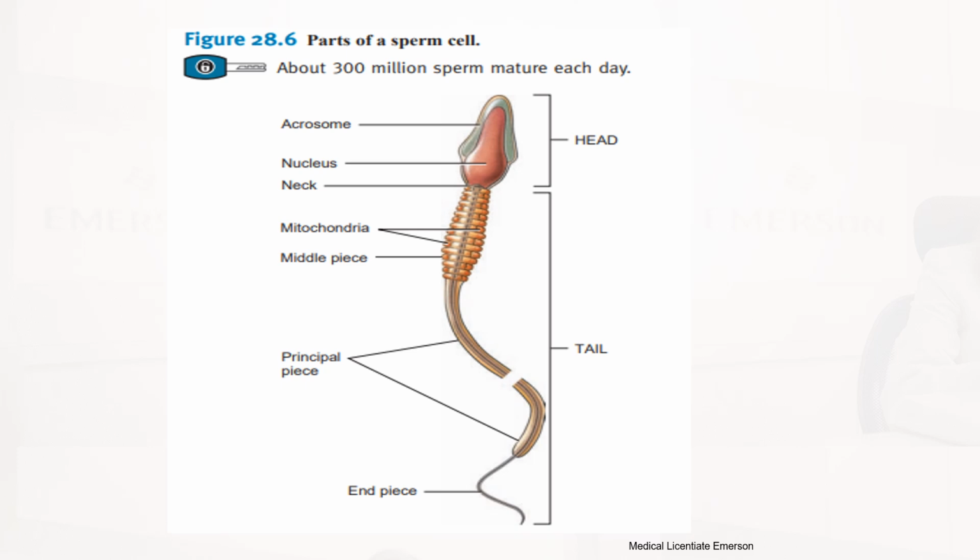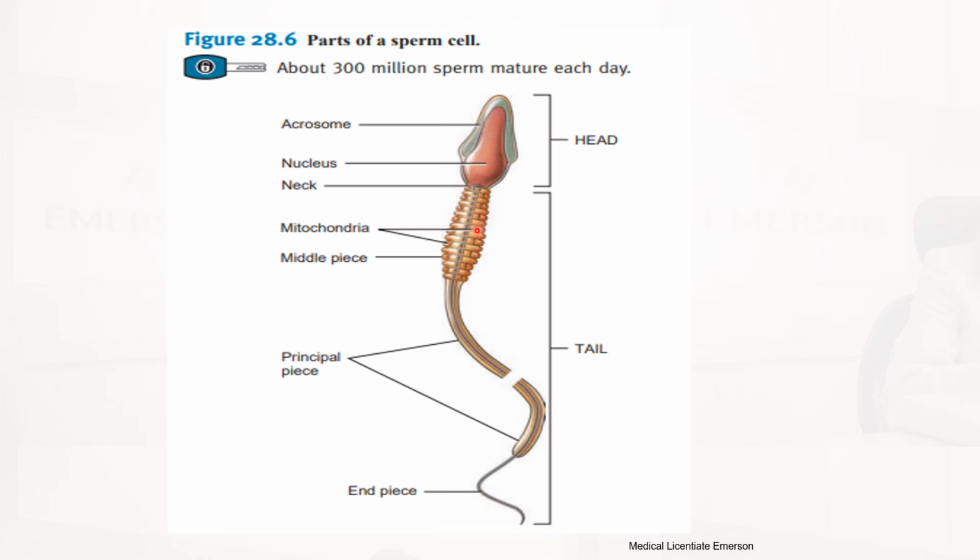So this is the structure of a sperm, or parts of a sperm cell. You have to know that about 300 million sperms mature each day. You have the head and the tail. The head is made up of an acrosome and a big nucleus. Then before we go to the tail, there is what you call the neck.